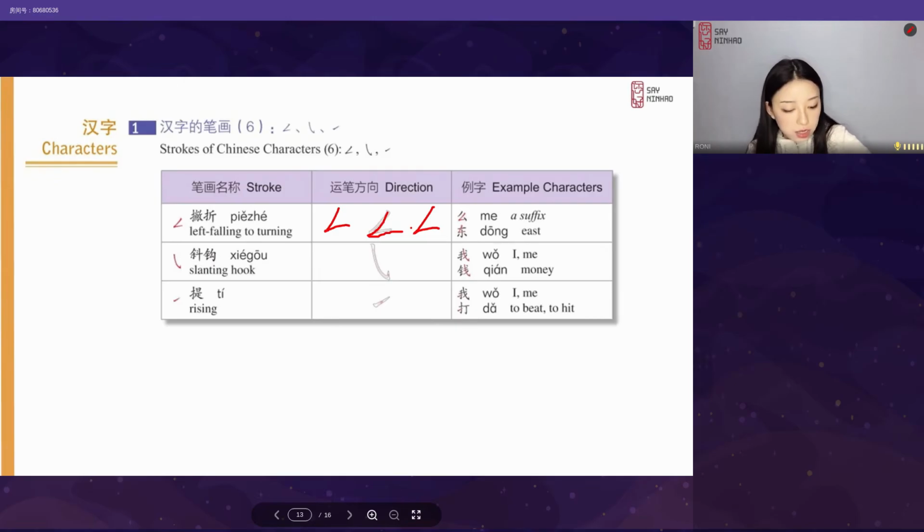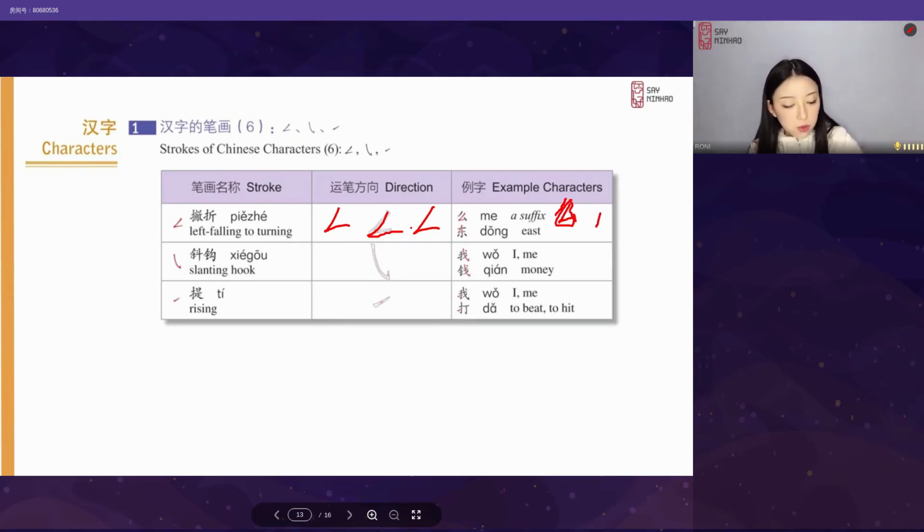Let's see the example. First one is 么 of 什么, okay? You can see 么 is written like this, and this part is the 撇折, left falling turning.